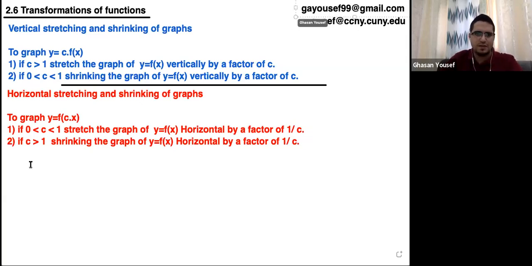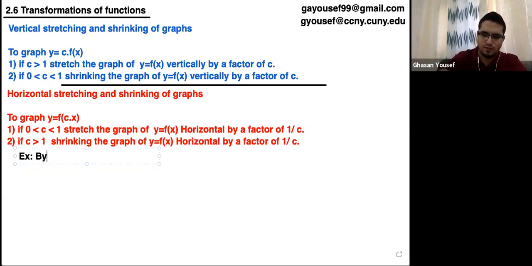So suppose my example is like this. Example: graph. In this example, I'm giving the original function.